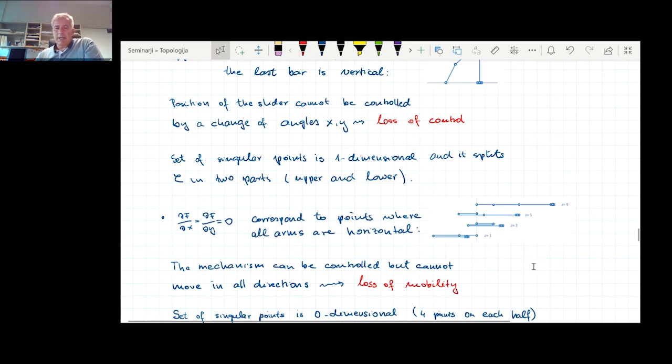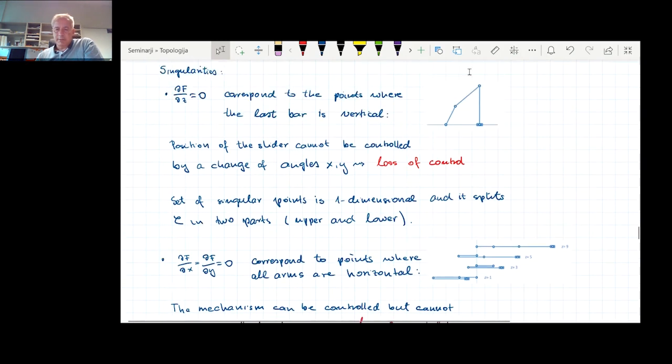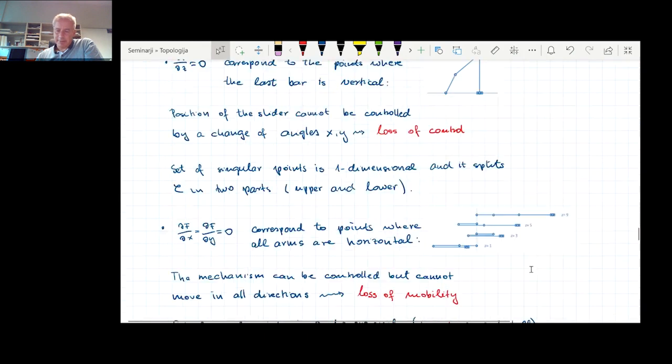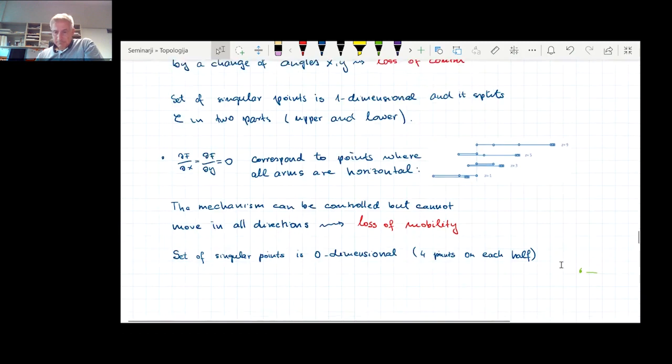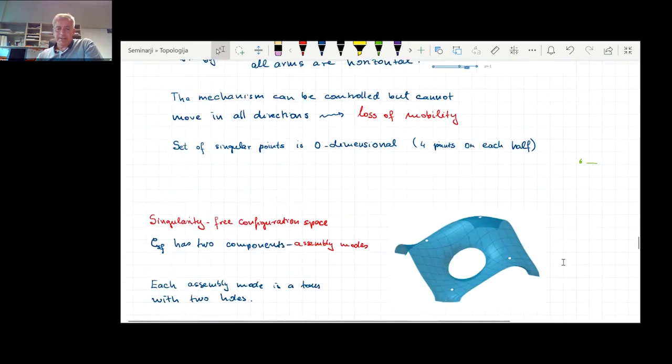Now, you want absolutely to avoid loss of control, and you are keen to avoid the loss of mobility as well. So if you consider the subspace of configurations which is non-singular, you get something like this.